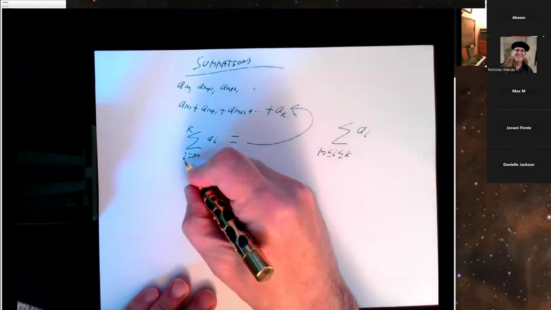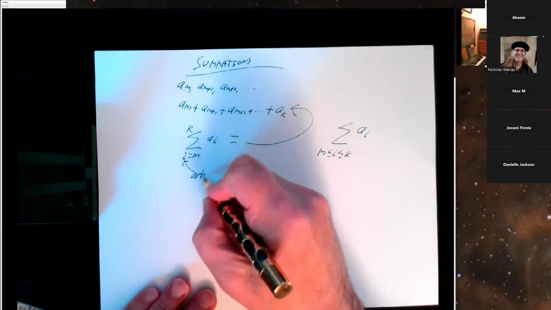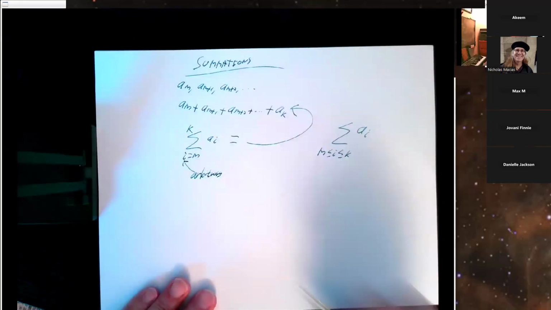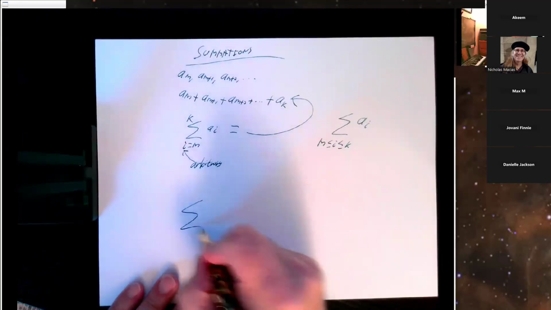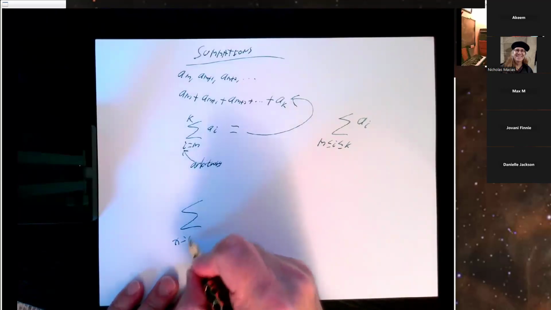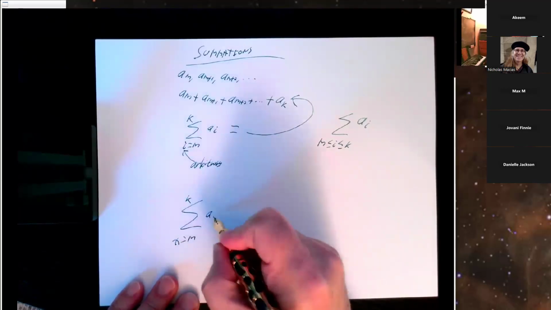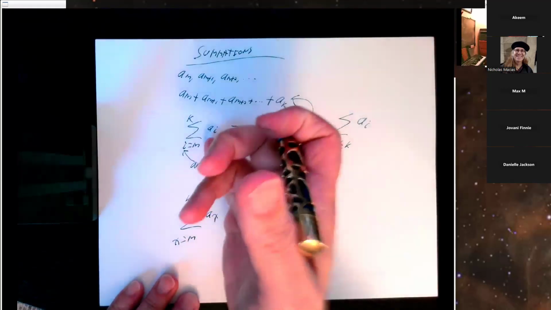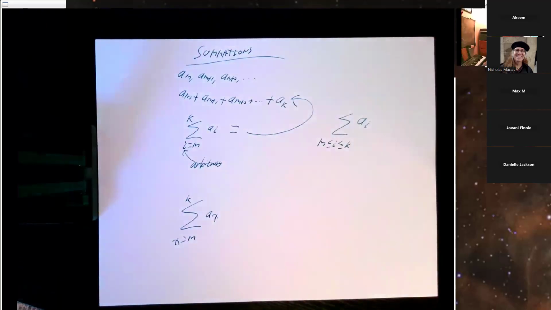And this choice of i is basically arbitrary. I could also write this as the sum for x equals m to k of a subscript x. Is that exactly the same thing as this? Absolutely. This is just an index variable.